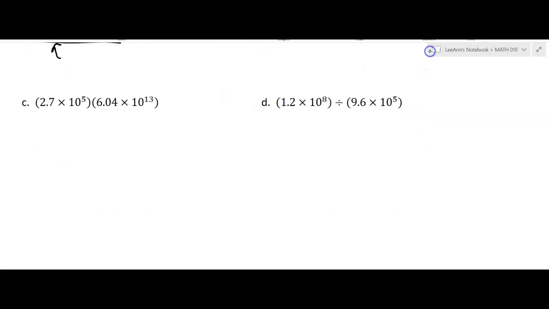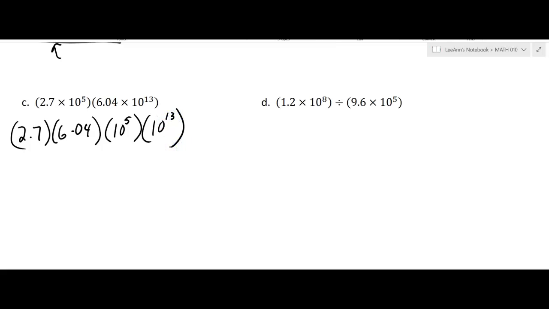All right. Now, what have we got here? Another multiplication one. So again, I'm going to want to take the 2.7 times 6.04, and then I'm going to want to think of the 10 to the 5th times the 10 to the 13th. Okay, that'll be the fun part.